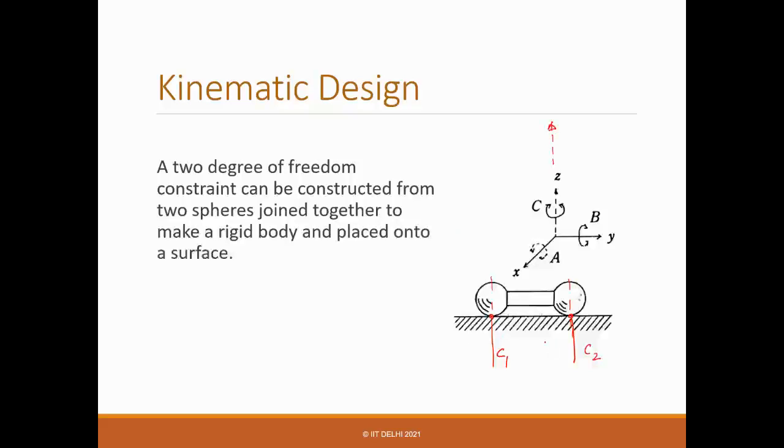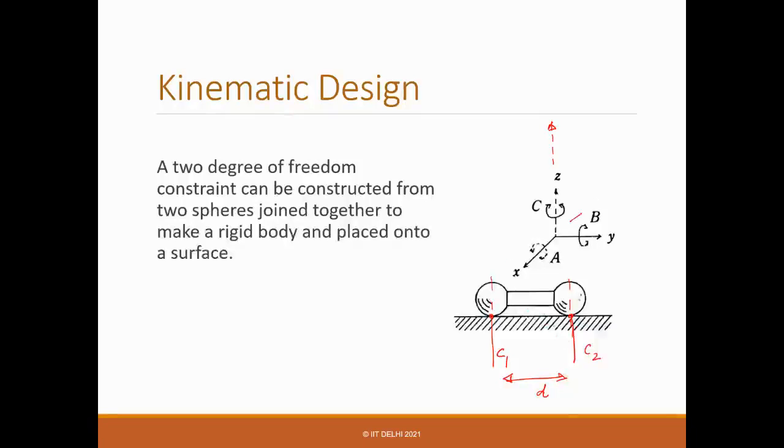But a pair with some distance between them, perpendicular to the plane. If you take this case, along x, this is the projection, it's in 2D, but the rotation along the x-axis, you see that these two will not allow it, so they will constrain this rotation.